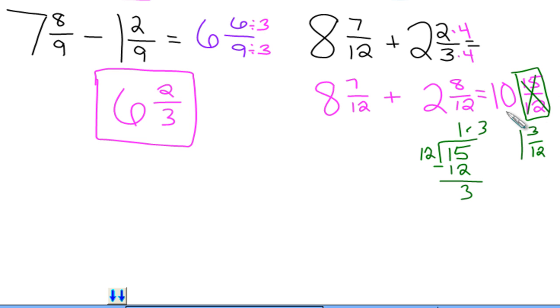But then I need to recombine these. We have 10 wholes, and plus 1 whole is 11 wholes. And our fraction stays 3/12. But we can do step 5 here as well and simplify. So we're going to divide both of these by 3. And we get 11 1/4.